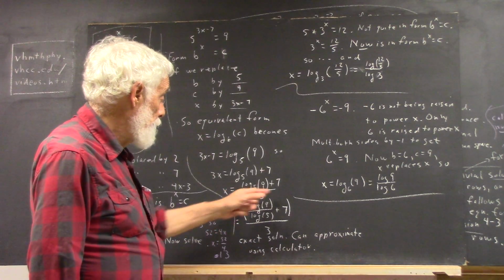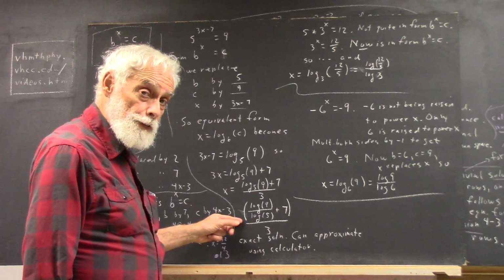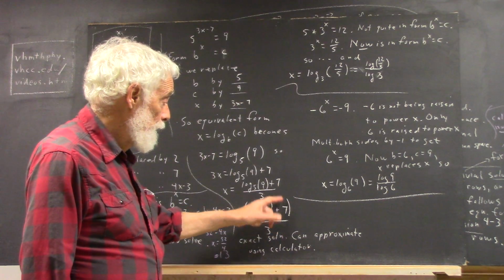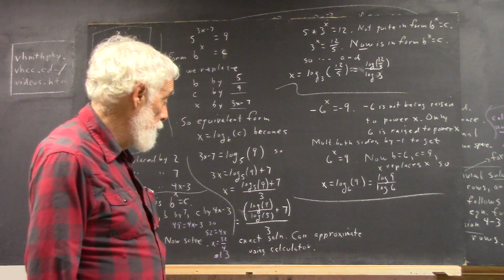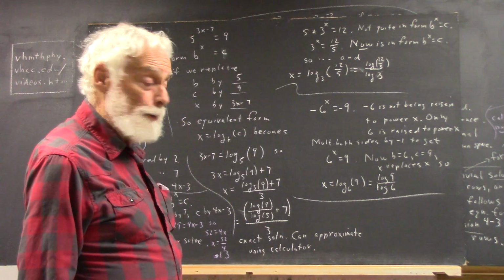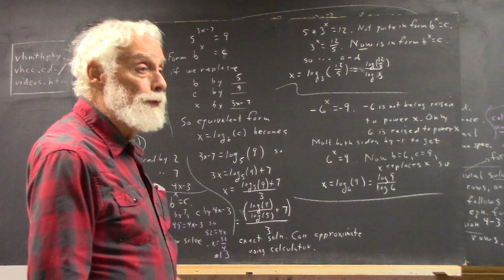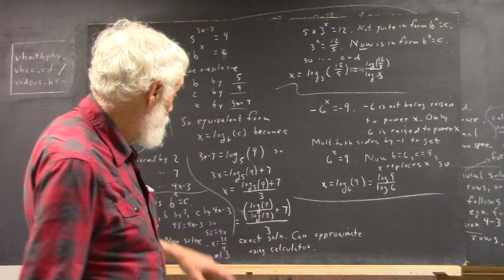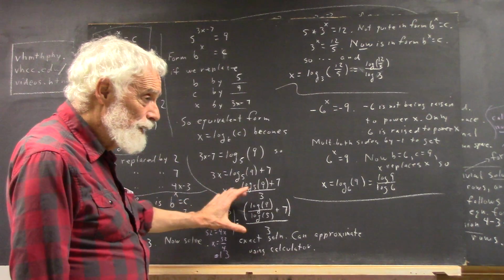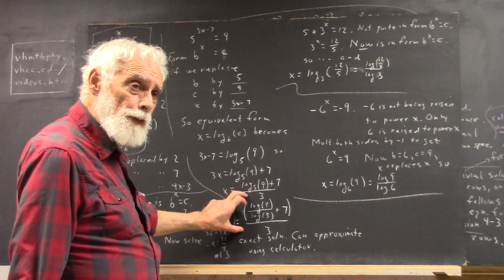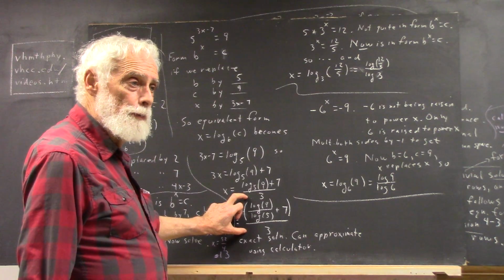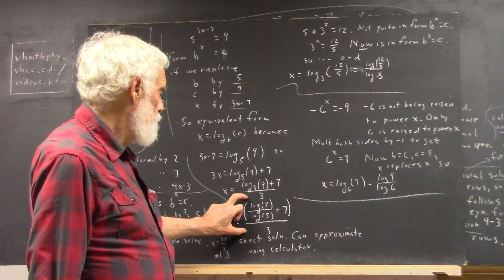So we put a left parenthesis, then log 9 divided by log 5 plus 7, and don't forget to close the parentheses, and then divide by the 3, and you get a numerical approximation. If you're asked for an exact result, it's got to look like this. I don't really care if it's simplified any further, because this expression is probably the easiest one to calculate.